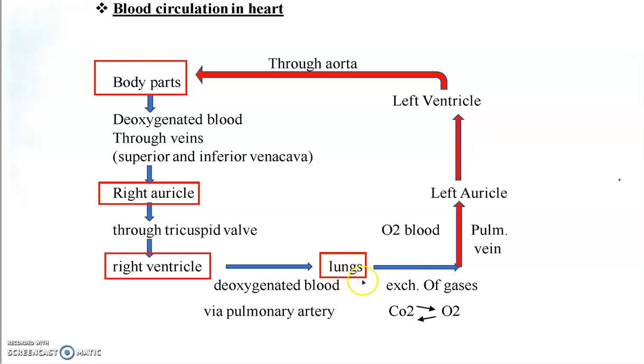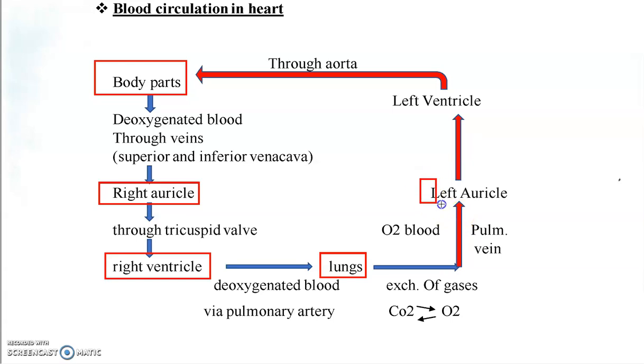So now after the exchange of gases, the blood is oxygen rich, that is oxygenated blood. I have marked it in red color to show that. So from the lungs, oxygenated blood now goes to the left auricle.